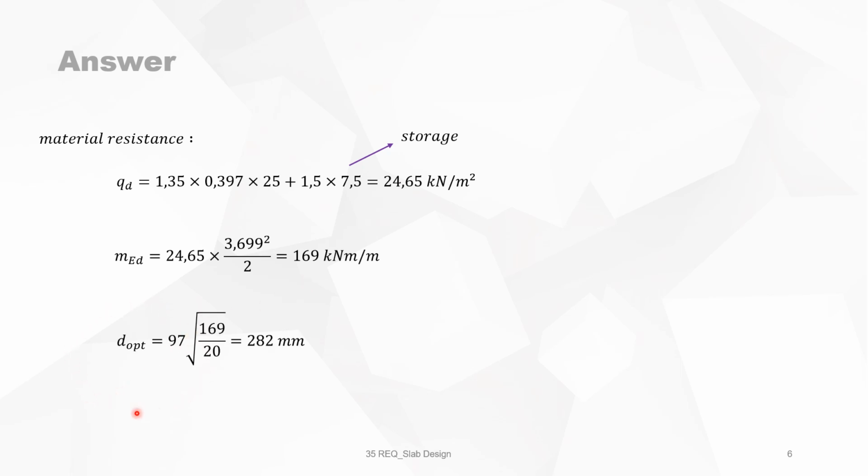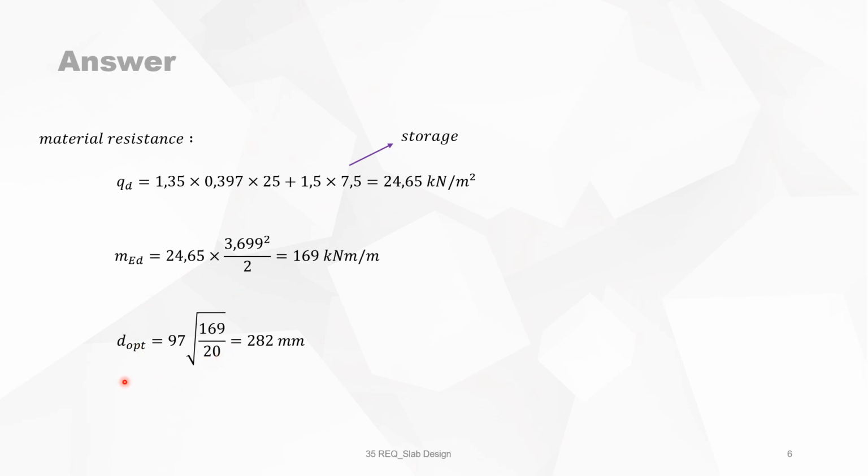And the optimum, needed depth of the slab is then 97 times the square root of the bending moment divided by the concrete quality. Bear in mind, the 97 takes care of units. That means the bending moment is in kilonewton meter per meter and the concrete quality in megapascal.